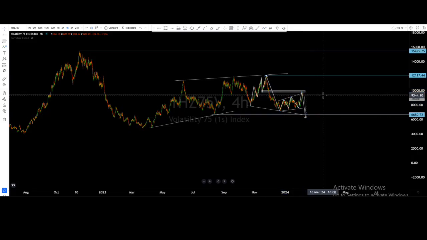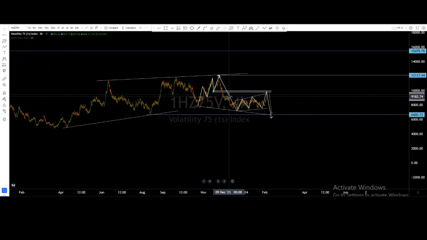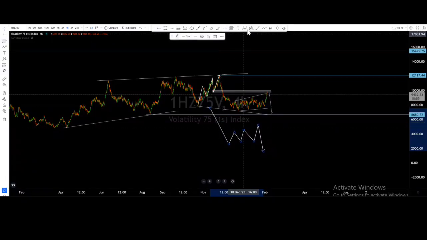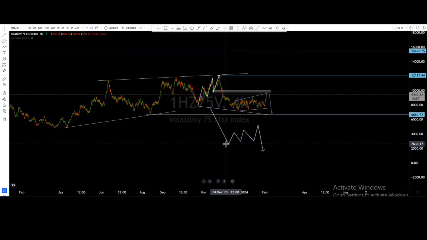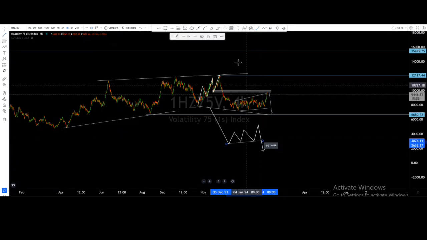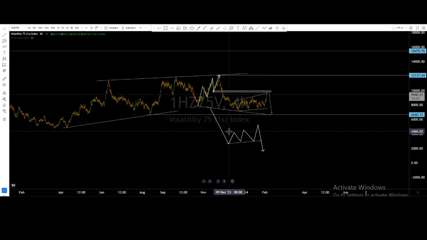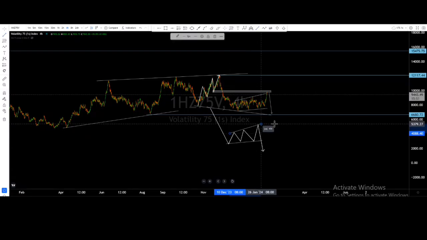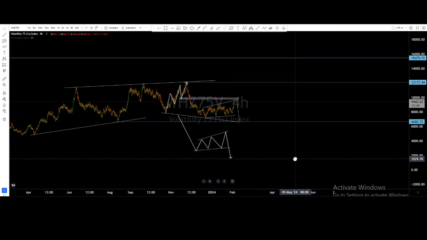So this is what we're expecting to happen in these markets. I'm expecting it to go down to this point. Looking at this, you find out that this is a flag, basically. What kind of flag is this? It's bearish, of course.